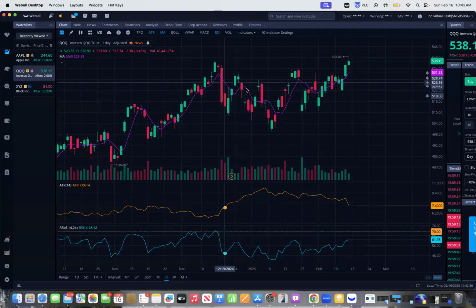So just looking at this, you see right here, high, then it started making lower highs, lower lows, and now it starts to make some higher lows. It hasn't made a higher high until right there.